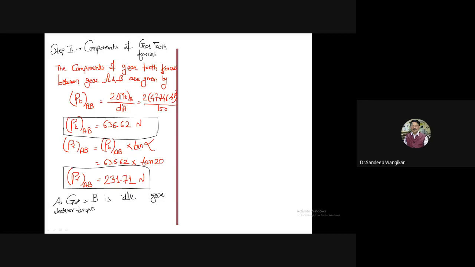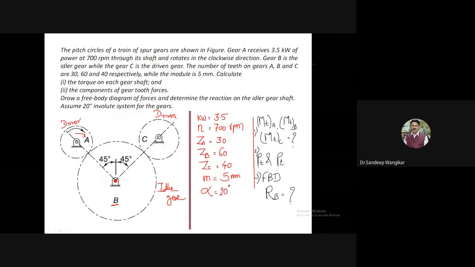Whatever torque it receives from gear A is transmitted to gear C. So I will write here PTAB into dB by 2 is equal to PTBC into also dB by 2. So I will take help of this diagram.